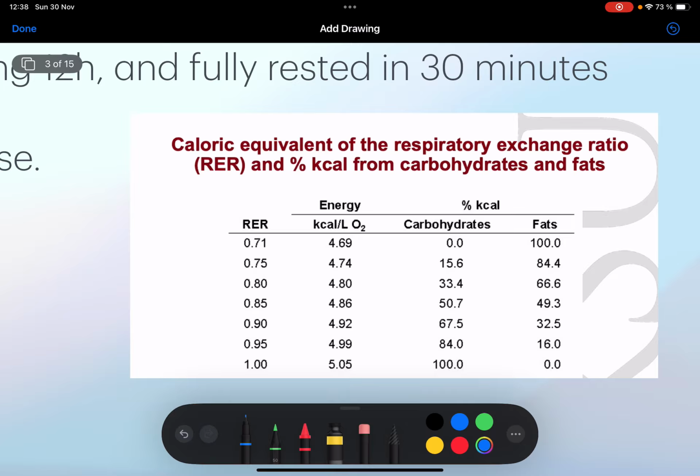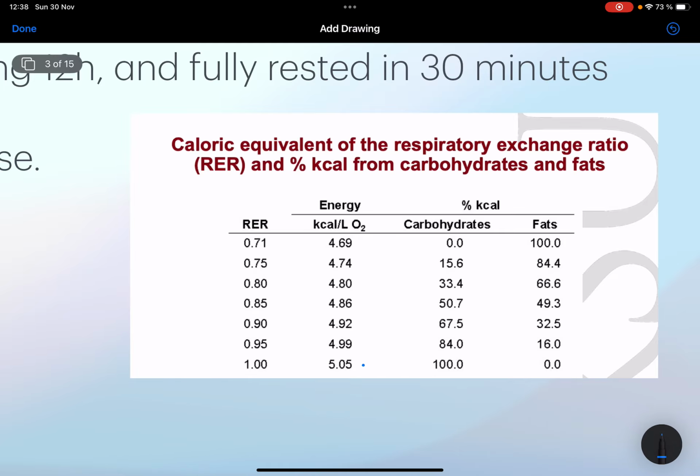But when the calories per liter of O2 are at their highest, we are no longer depending on fats for energy but rather on carbohydrates.